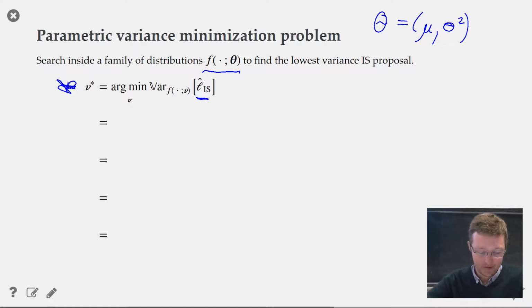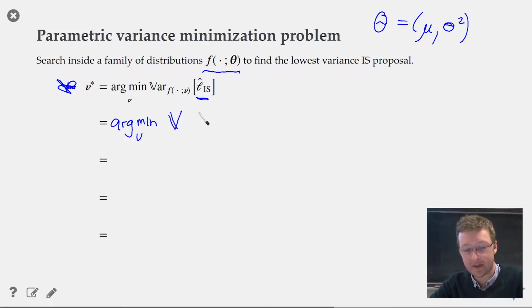So this can be simplified a little bit. This is just writing out in here the definition of the importance sampling estimator.